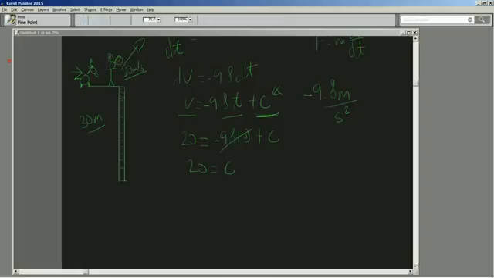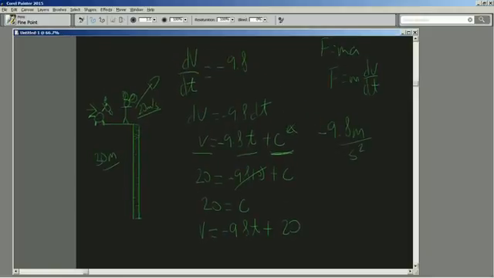Okay, so 20 is equal to c. We have velocity is equal to negative 9.8 t plus 20. And if you were to look at a physics equation for velocity, it would say v is equal to negative 9.8 t plus v i, for initial velocity.